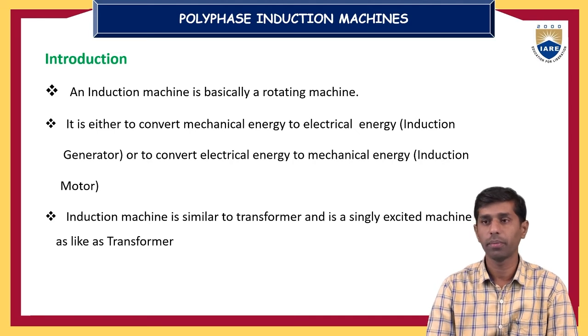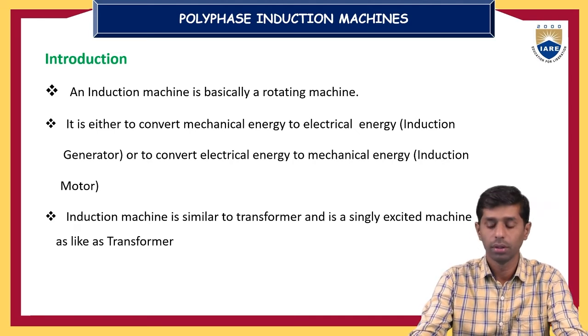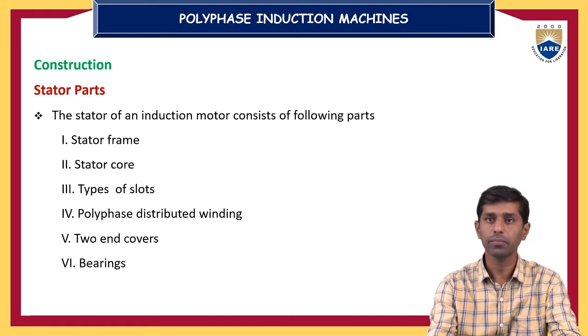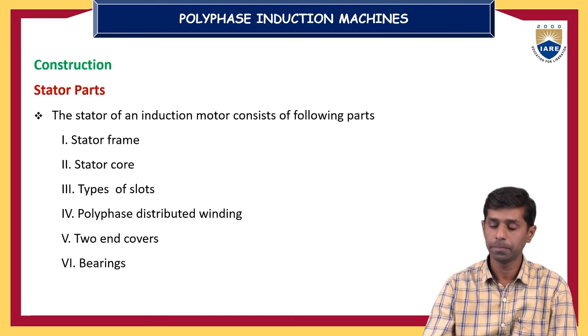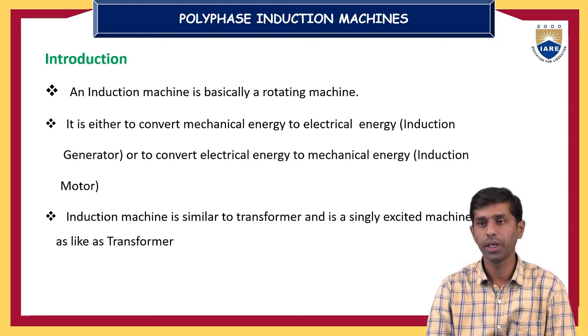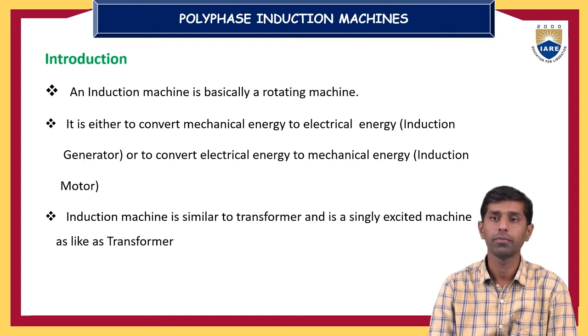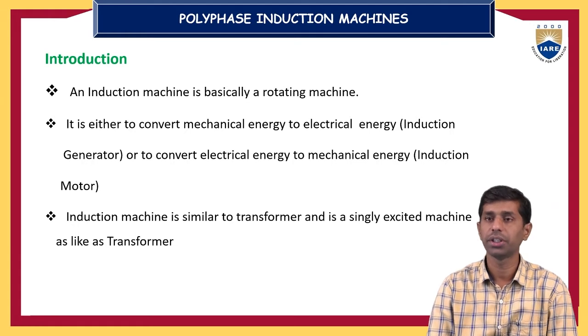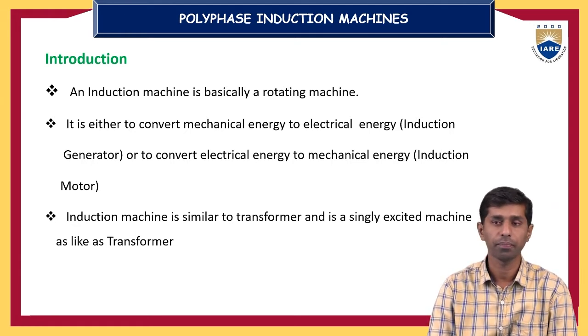Like a transformer, it is a singly excited machine. Three-phase induction motor is also a singly excited machine. The stator of a three-phase induction motor is connected to a balanced three-phase AC supply. It produces a rotating magnetic field in the stator. According to the speed of the rotor, we can use the induction machine as a generator as well as a motor.